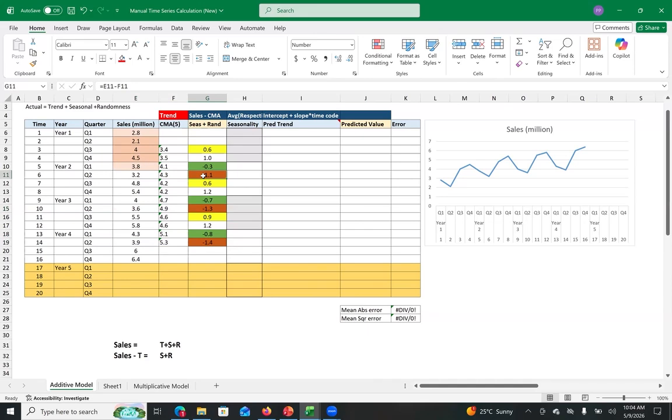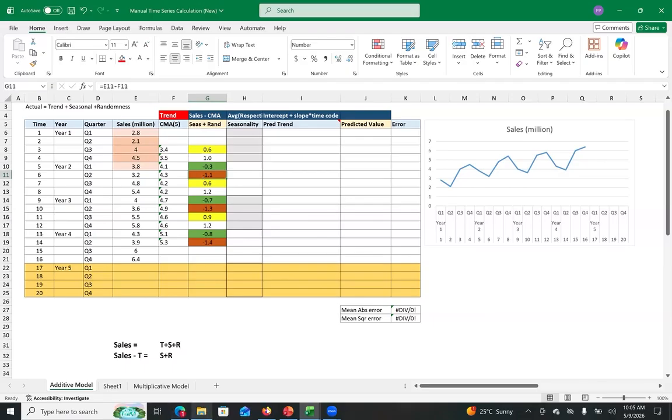No, right? If this was only seasonality, this value would have been the same, because as I said, seasonality is a pattern which repeats after a fixed interval. But it is not repeating. Why? It is not repeating because there is randomness added to it.